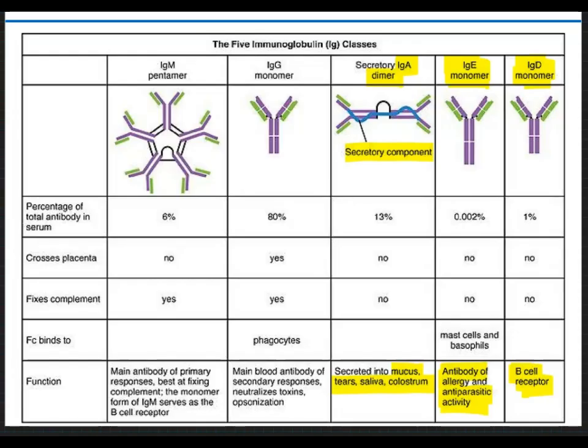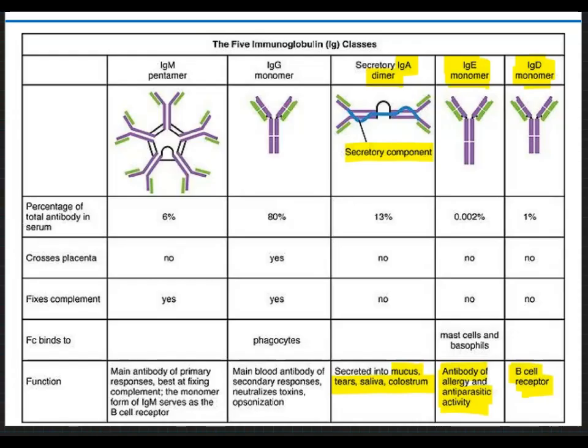So those dimers from breast milk, along with immunoglobulin G that is passed across placenta, I'm running a bit ahead of the train, they give babies, newborns, passive immunity.